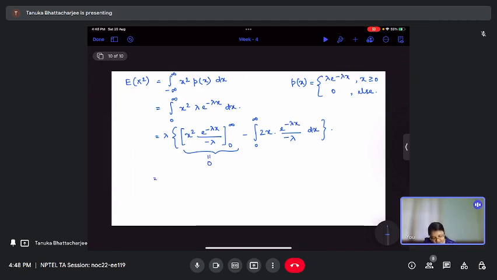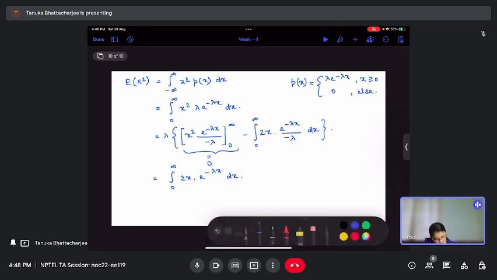So, the term we have is dx. The lambda also cancels out and minus becomes plus. So, this is the final expression. Here also we can take the 2 outside.